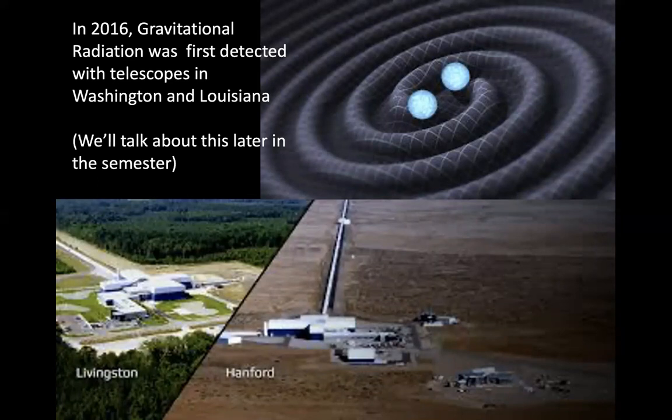This is a new way to look at astronomical objects, but it's kind of specialized. It's mostly used for studying black holes and neutron stars. And so we're going to hold off talking about this until we start talking about those objects.